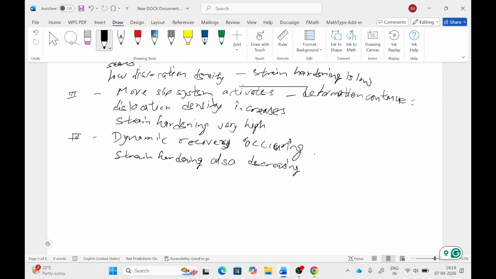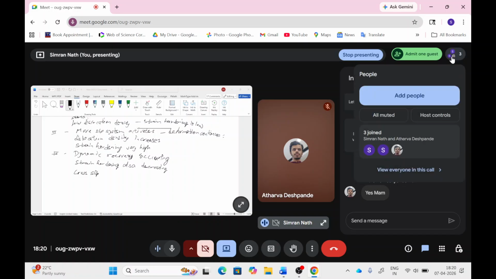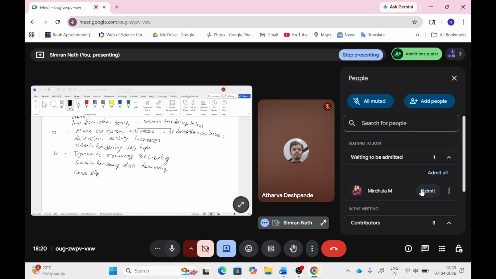Some more points are there. The dynamic recovery, meaning the shear stress becoming constant, is related to the cross slip and glide mechanism.